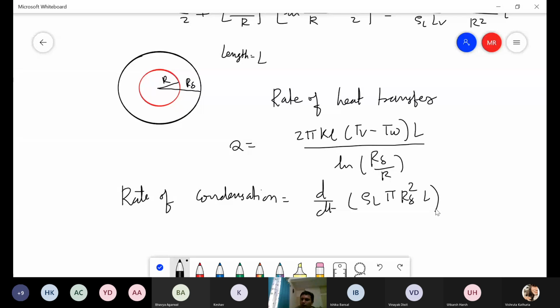So d by dt of rho L pi R delta square L, and if we do the differentiation, what we get is rho L pi into L, which will remain as it is, into R delta into 2 into dR delta by dt. This is what we are going to get, correct?